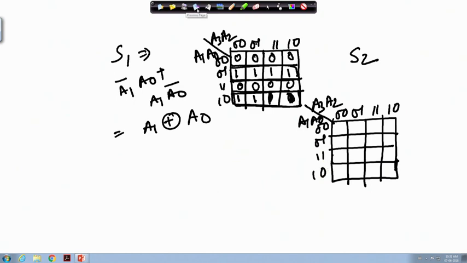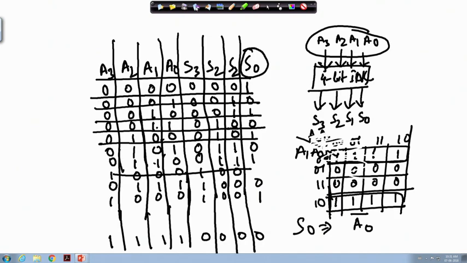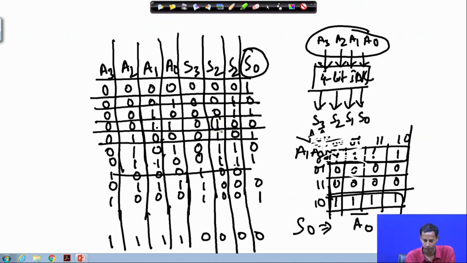Now, if I go back, you see for 0, 1 and 2, these 3 are 0, for 3 the S2 value is 1, for 4 this value is 1, for 5 this value is 1, for 6 this value is 1. Again for 7 this is 0, for 8 this is 0, for 9 this will be 0.